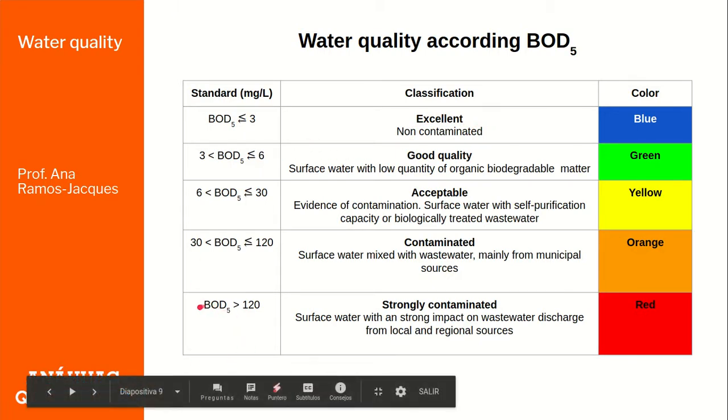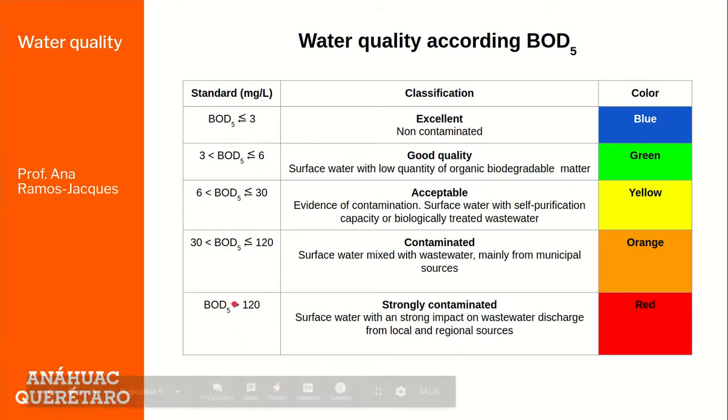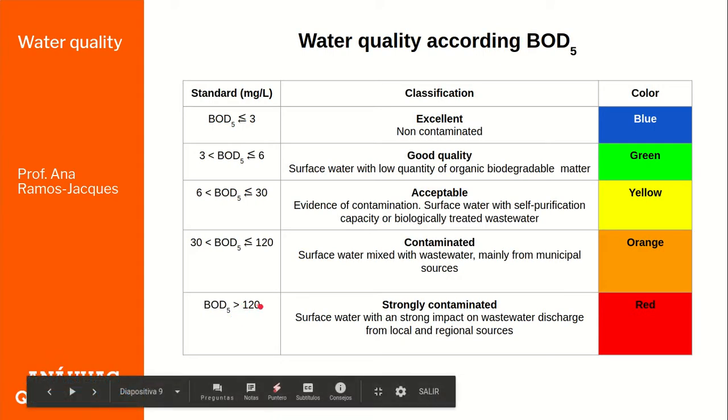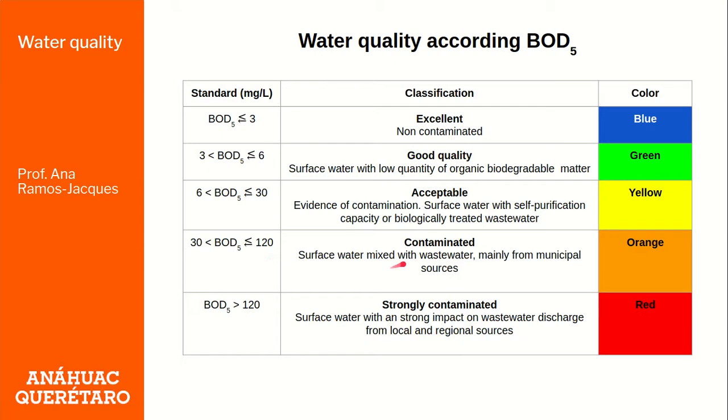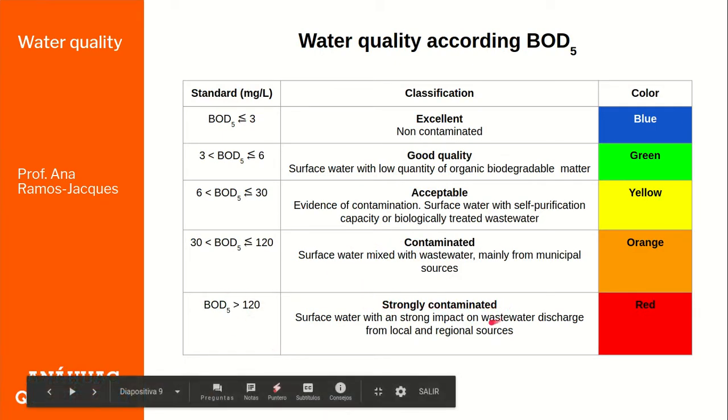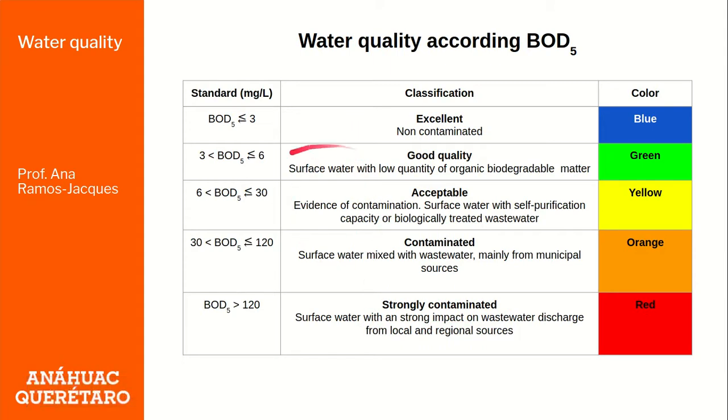If we have a BOD 5 up to 120, we have contaminated water. More than that is strongly contaminated. And you have here this table that shows the water quality according to the BOD.